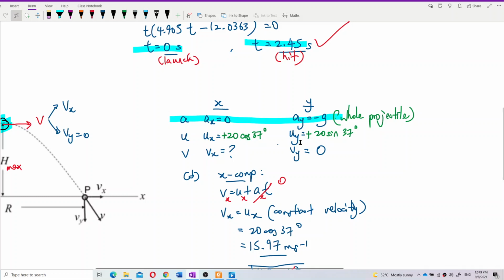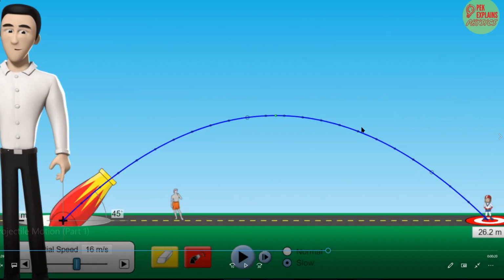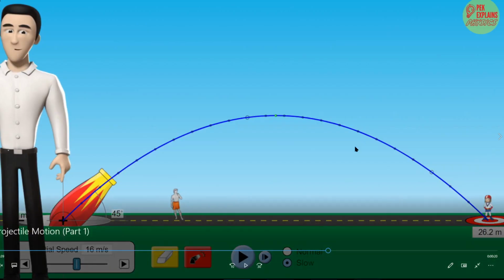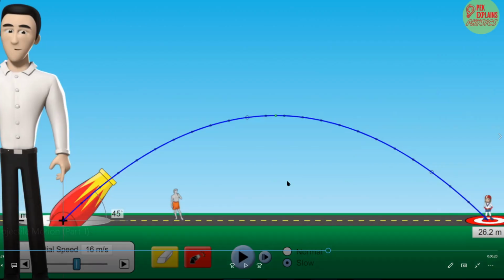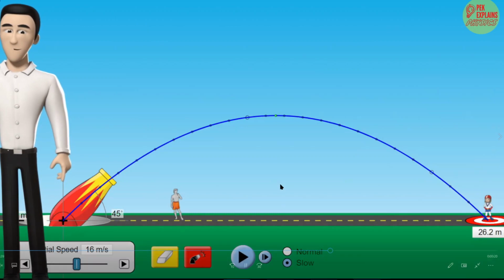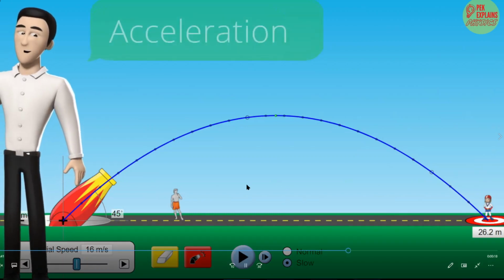Here's the animation to show that acceleration for the whole projectile is always constant and directed downwards. Ax is always 0, but Ay is always negative g. Look at the acceleration vector.